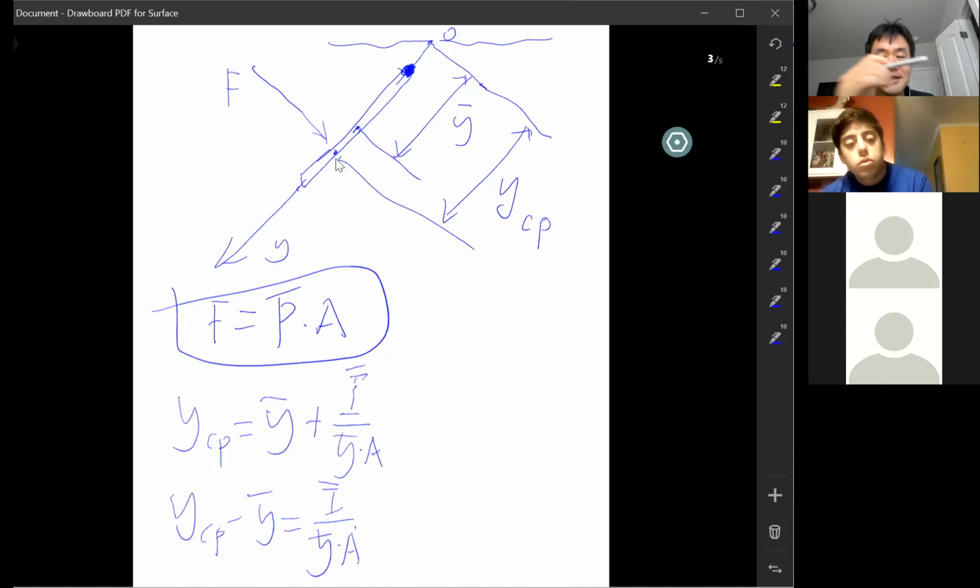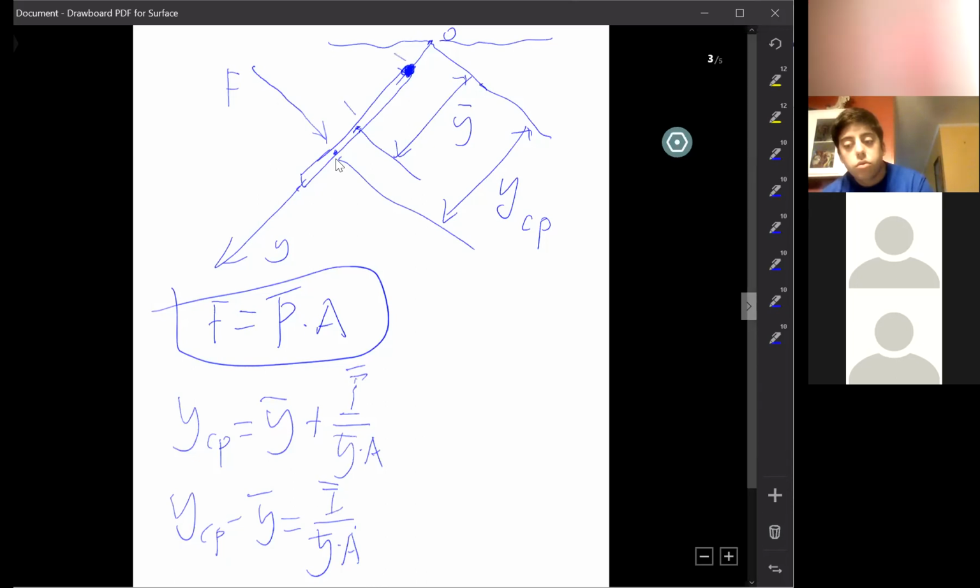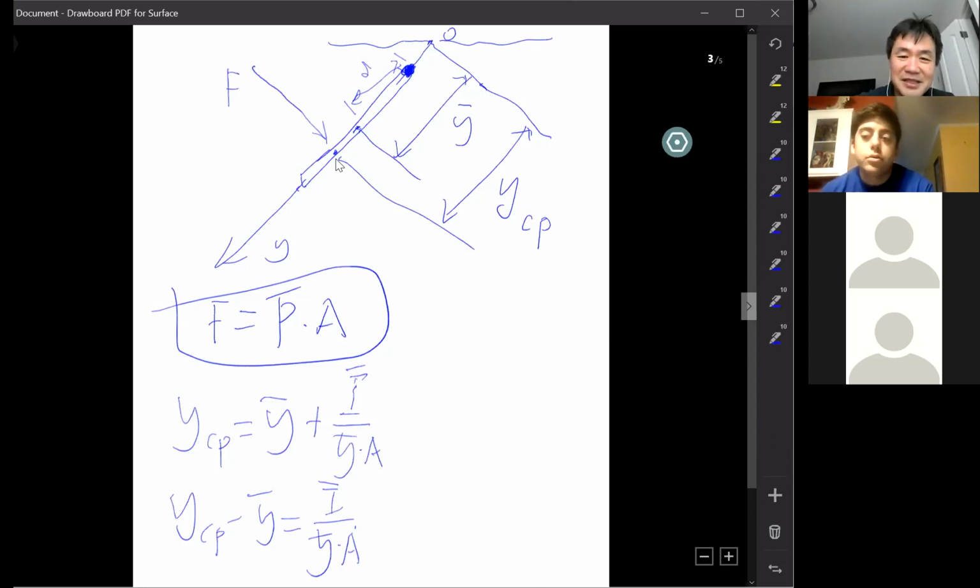Or you can say it's half of the plate length, based on the centroid, plus this distance. What is this distance? Let's say this distance is D2, which is YCP minus Y bar.